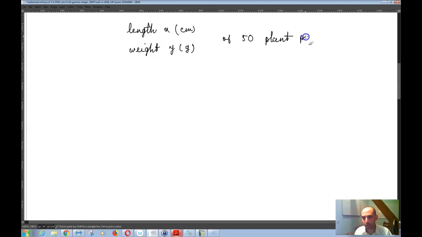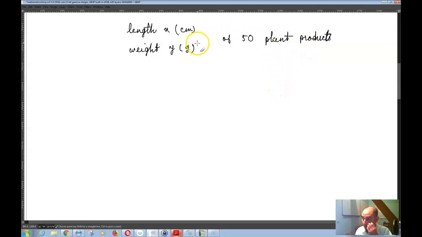So we have some length x here in centimeters and weight y here in grams of 50 plant products are given below.